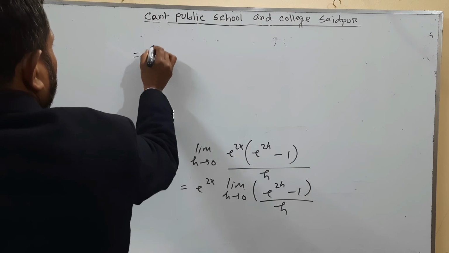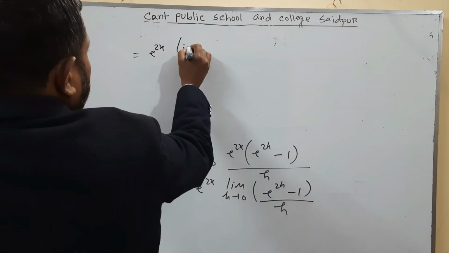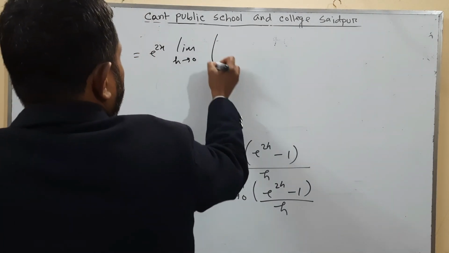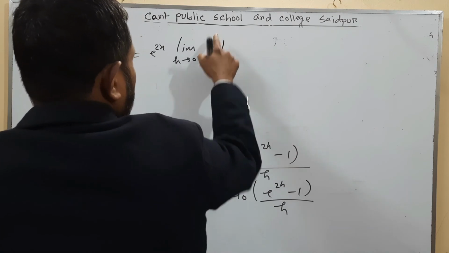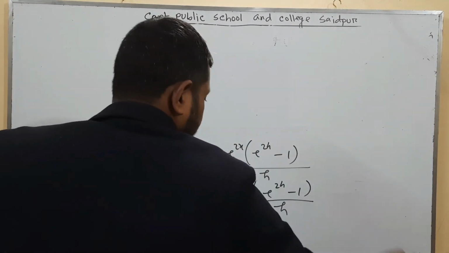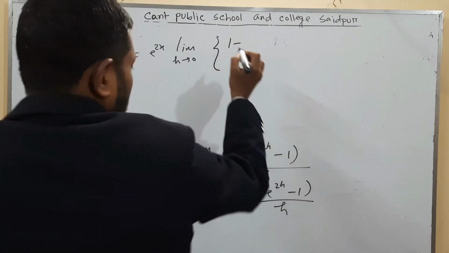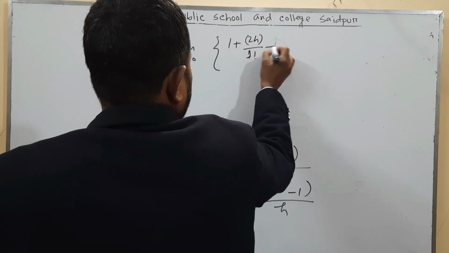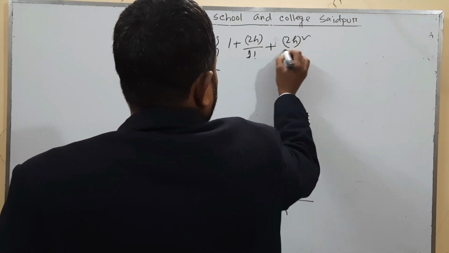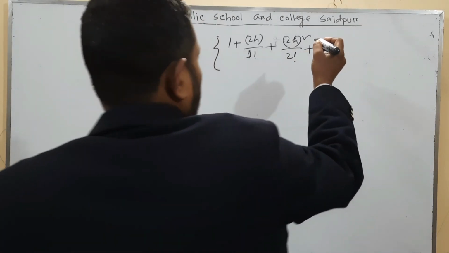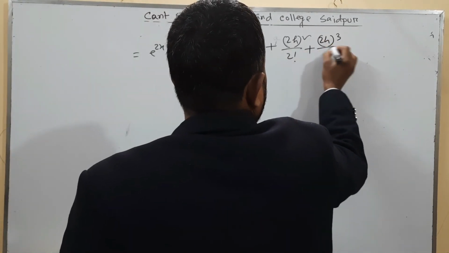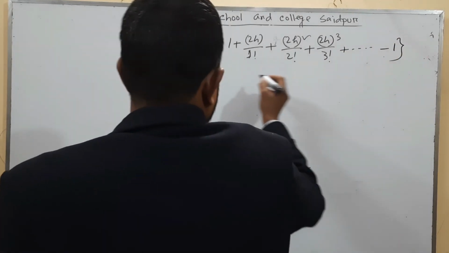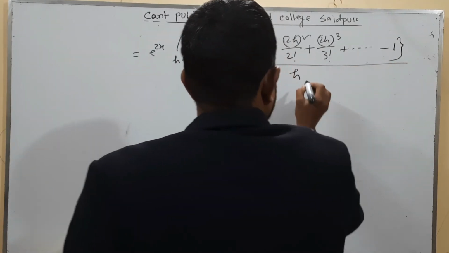And e to the power 2x limit h tends to 0, 1 plus 2h by factorial 1 plus 2h square by factorial 2 plus 2h cube by factorial 3 dot dot dot minus 1, by h.